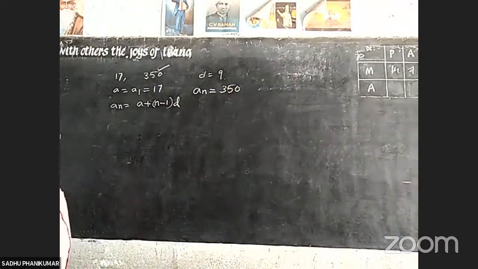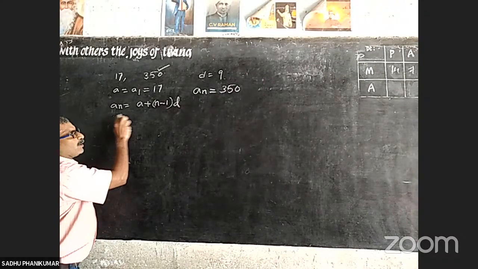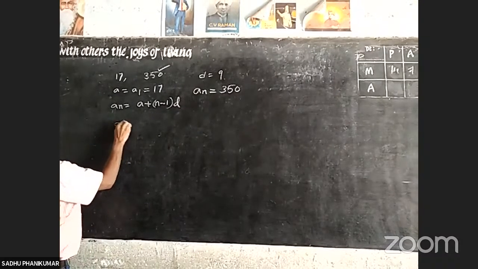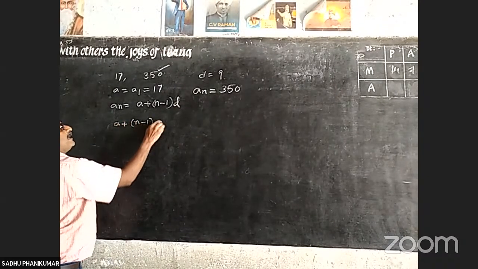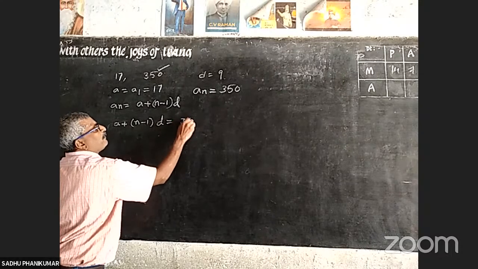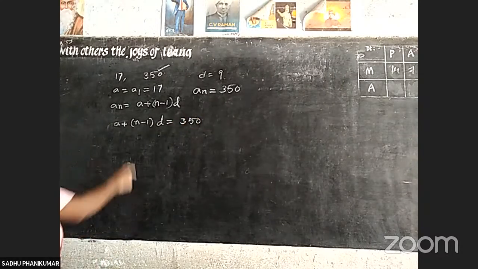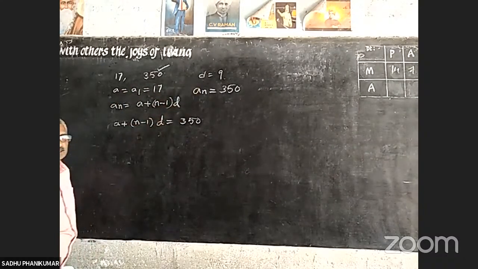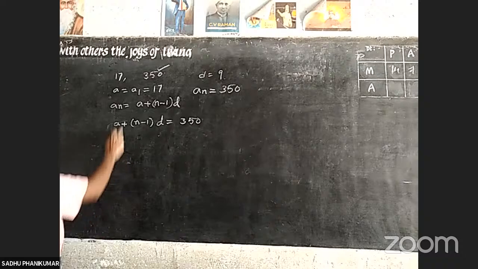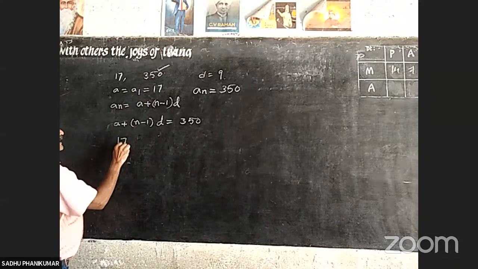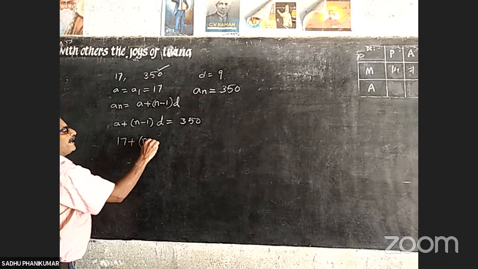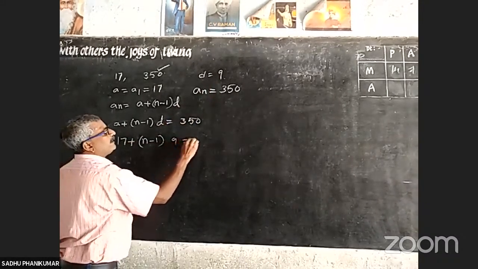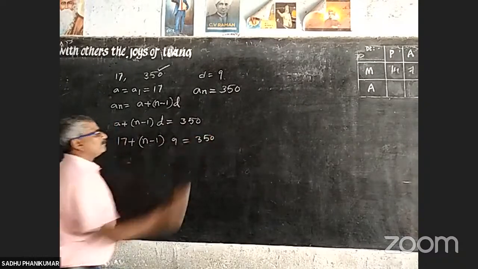So an is equal to a plus n minus 1 into d. That's given as 350. Now substitute the value of a and also d. a is 17, plus n minus 1 into d. What is the value of d? 9, is equal to 350.